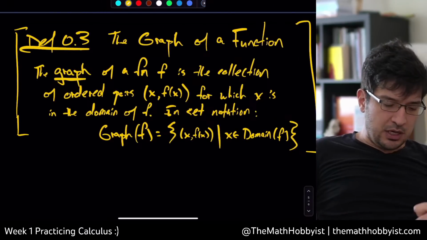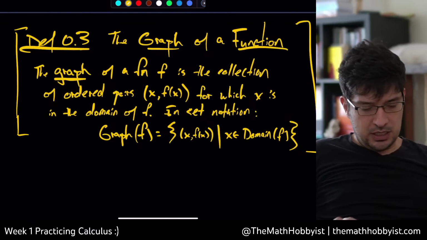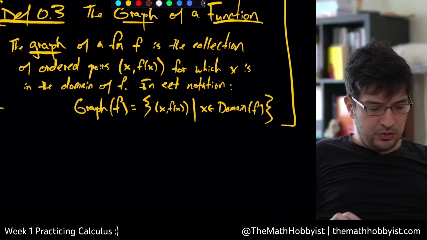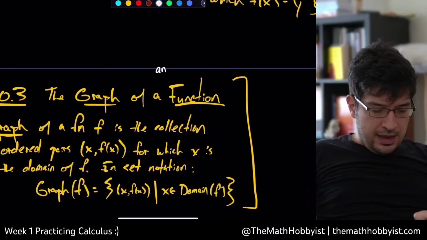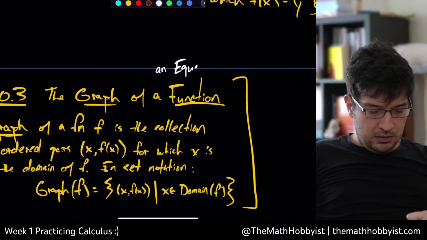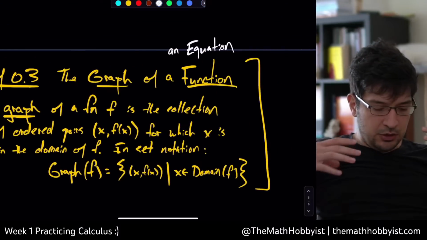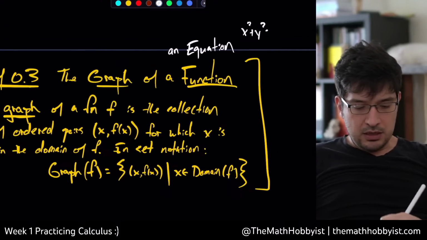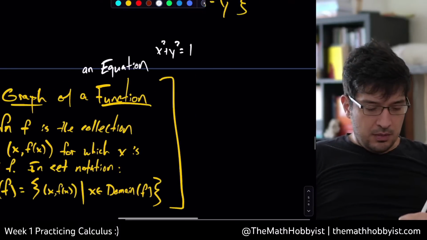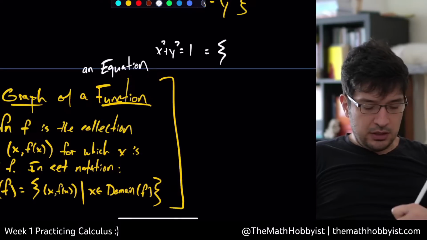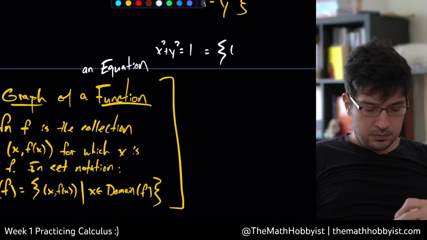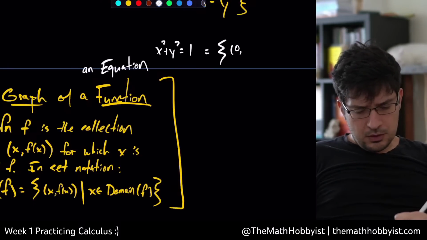slightly different because we're talking about the graph of a function, right? That's in contrast to the graph of an equation, because there can be a graph of an equation like x squared plus y squared equals 1. What I was drawing out earlier is that this has 0, 1.